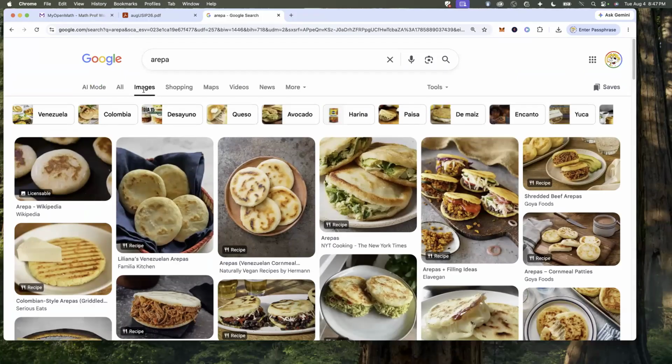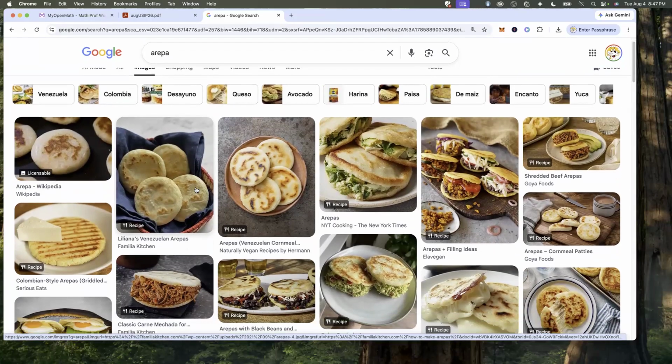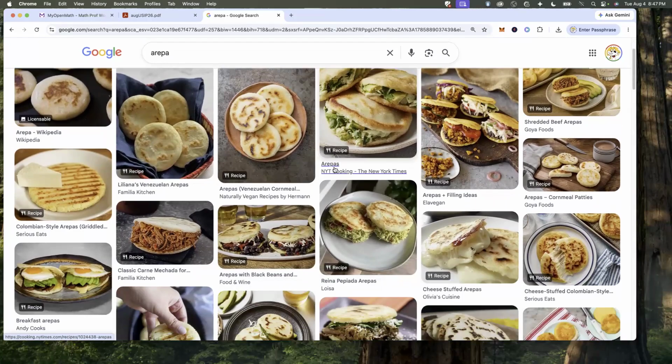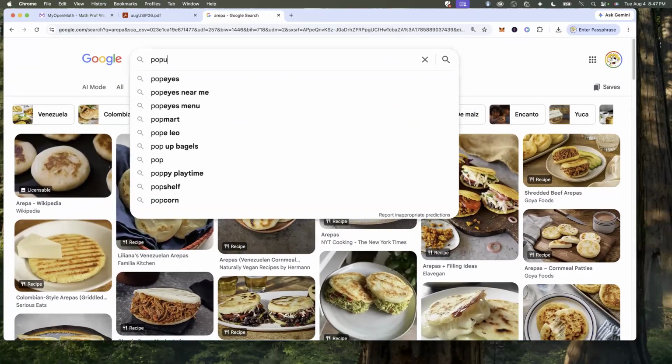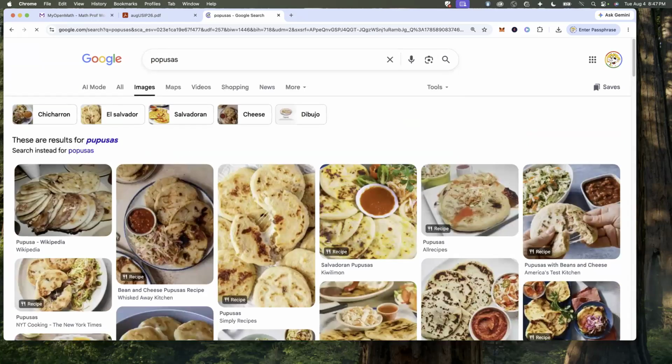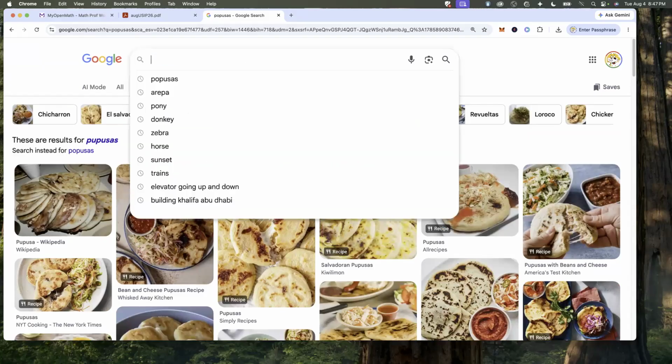What is this called? Arepa. Oh my God, that's so good. Okay, for those of you who don't know what arepas are, that's an arepa. Pupusas. What are these? They're similar kind of to arepas. Pupusas. Oh my God, so good. Especially with cheese.